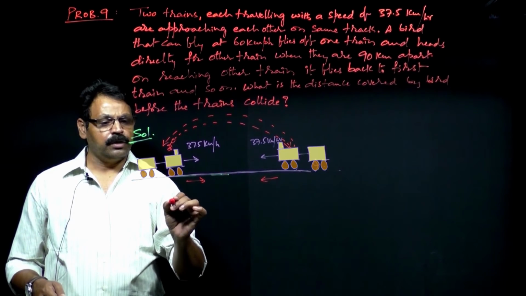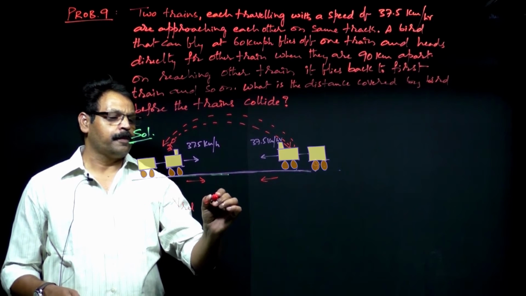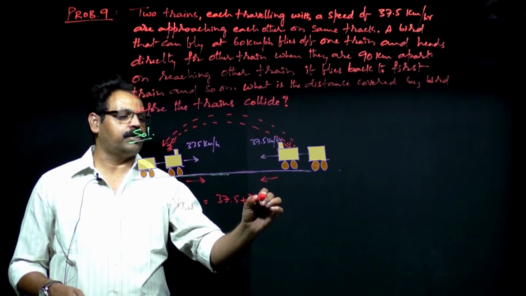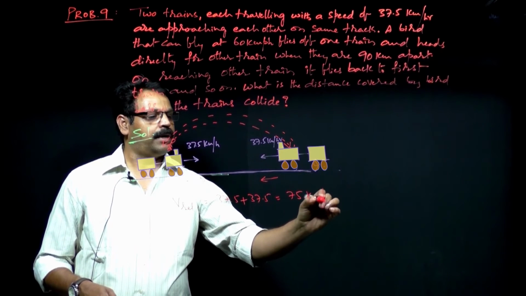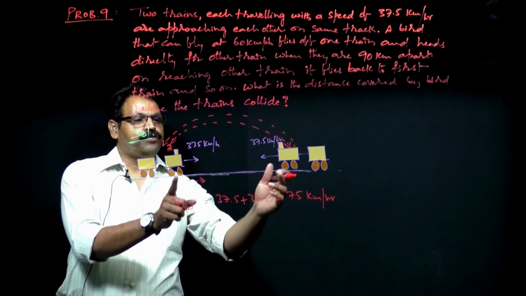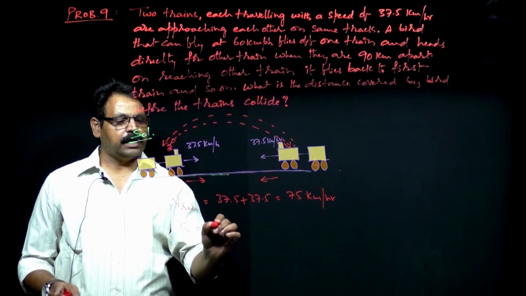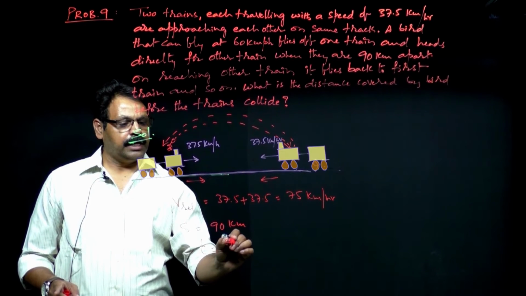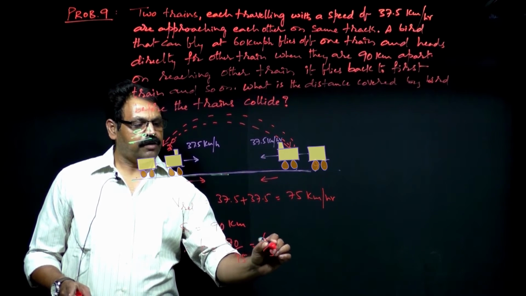The relative velocity of the trains, according to the definition of relativity, is that the velocities are to be added with reference to a person standing outside. 37.5 plus 37.5 comes out to be 75 kilometers per hour, and the distance between them is 90 kilometers. Therefore, the time for collision is 90 divided by 75, which comes out to be 6 by 5 hours.